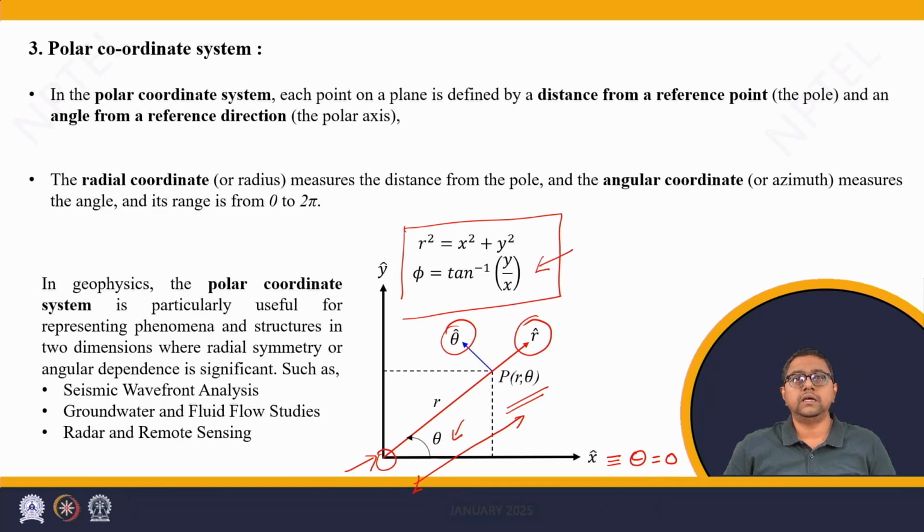The angle is the inverse tangent of the ordinate to the abscissa. So in the polar coordinate system, the radial coordinate measures the distance from the pole, while the angular coordinate, also known as azimuth, measures the angle.